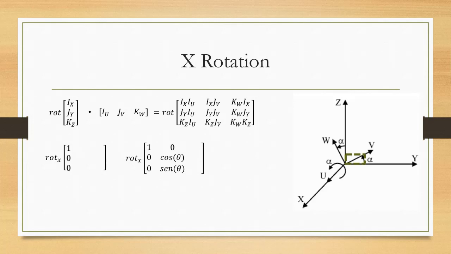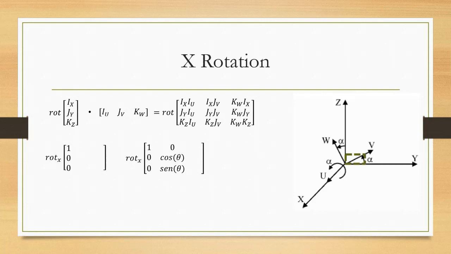In this case, the representation is 1 because they are in the same direction, and as we are working with a unit vector, the magnitude of the vector is also 1.